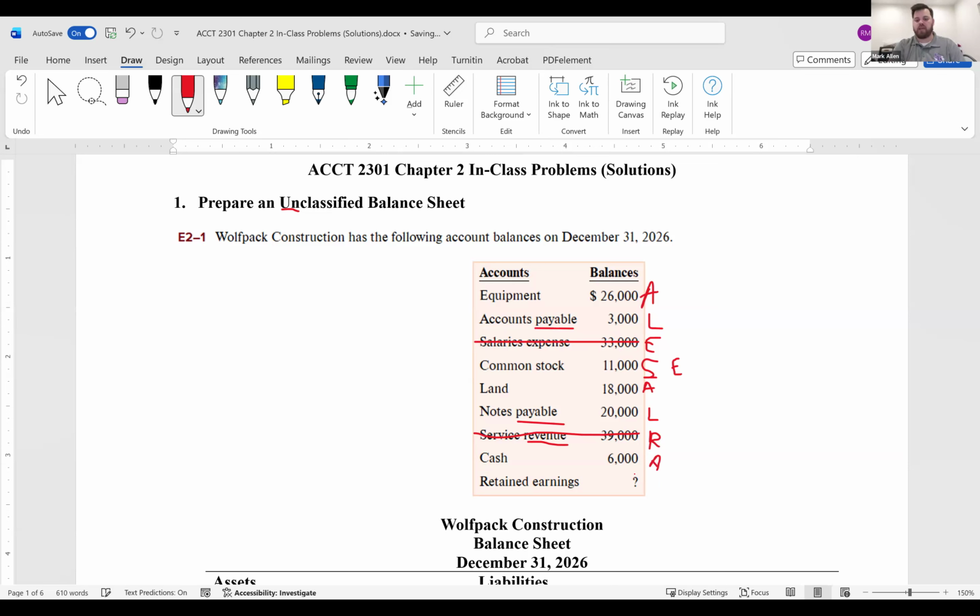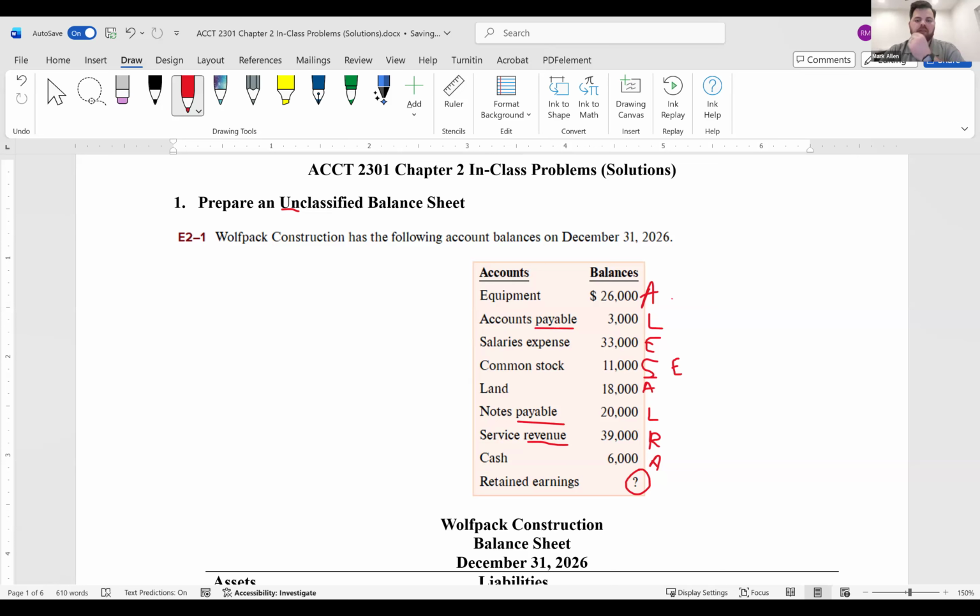And interestingly enough, because they did not give me the new balance, we might actually need to go back and use that revenue and expense information indirectly, even though they won't show up on the face of the balance sheet. So temporarily, I'm going to undraw a line through these just so that we can see those numbers in case we do end up needing them, noting they will not fall directly on the face. But let's move on and see what happens.